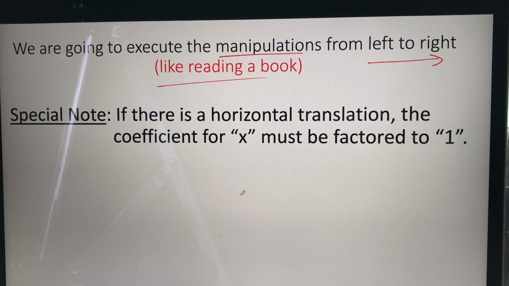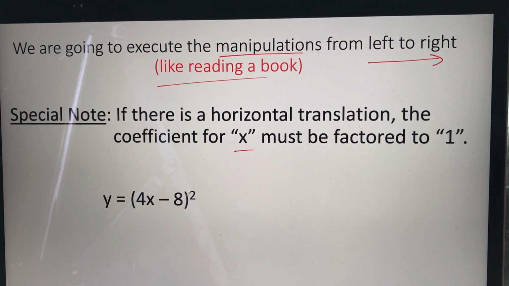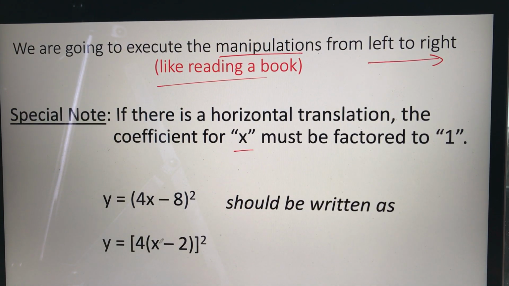Now, a special note here, if there's a horizontal translation, the coefficient of x must be factored. So all that means is that, if we have 4x minus 8, we have to factor inside the bracket the 4x minus 8. There's a common factor between 4 and 8, and you obviously know it would be 4. So I would pull that common factor out front and rewrite it as 4 times x minus 2, since 4 times negative 2 is negative 8.